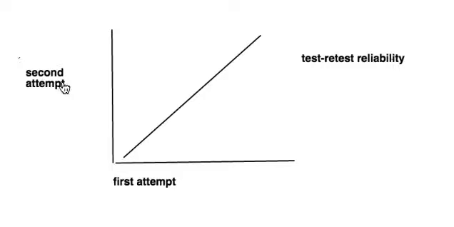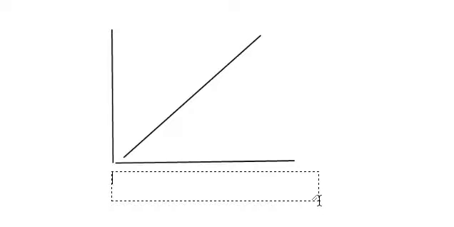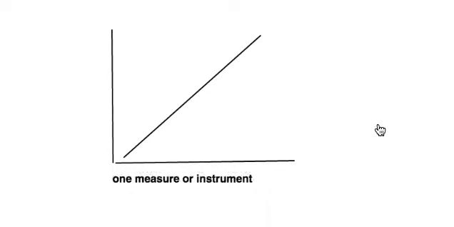All right, those were different kinds of reliability. Let's try some types of validity. What's it called when a psychometrician uses a test or measure, again, whether it's a personality test, an intelligence test, or even the AP psychology exam? So they use one measure or instrument, and let's say they compare it to a future behavior or performance.